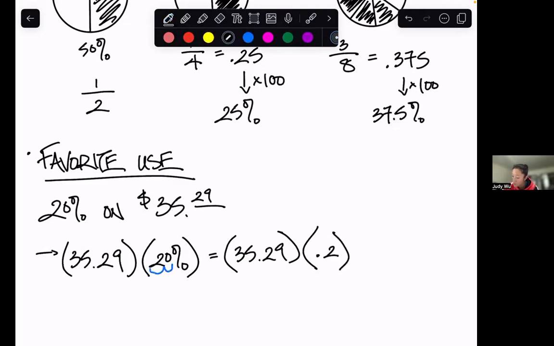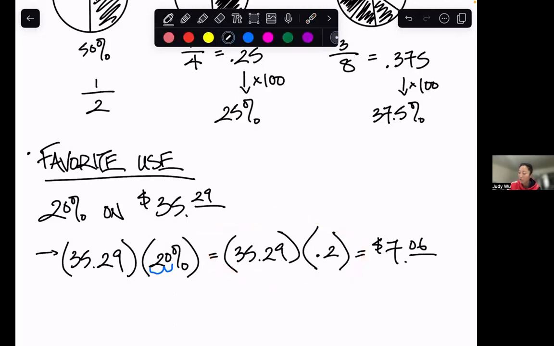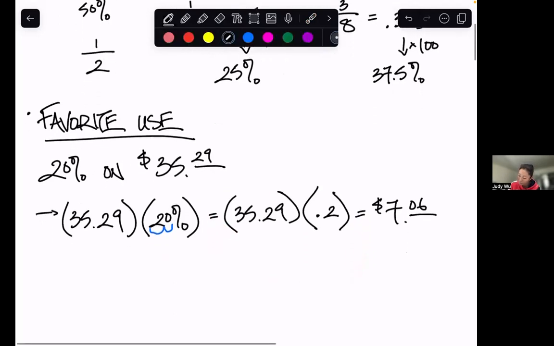So 35.29 times 0.2 gives us about $7.06. If I were doing this, or making my friends do this at a restaurant, I would just multiply by the decimal version. I'd move that decimal over 2 places.